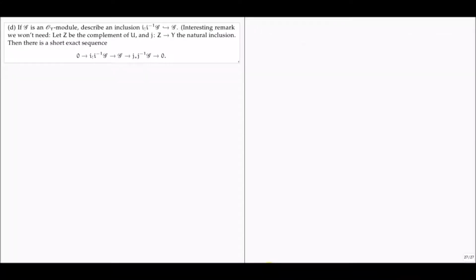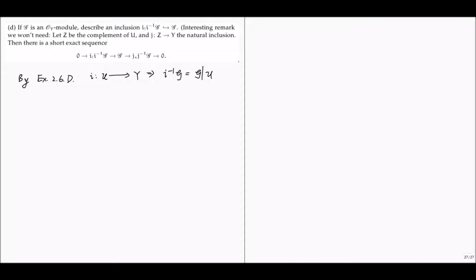By exercise 2.6.d, we know that if i is the inclusion of an open subset into a topological space, then the inverse image of a sheaf G on Y is the restriction of this sheaf to this open set.